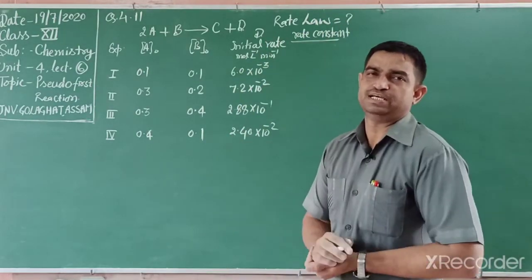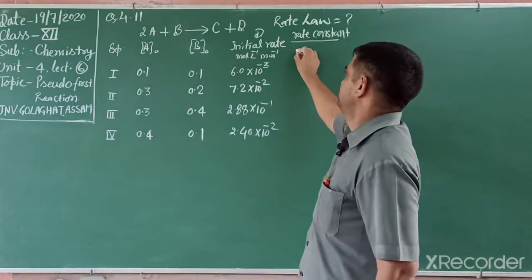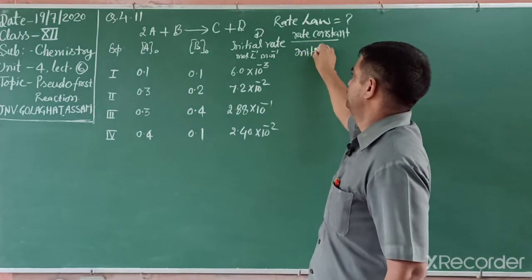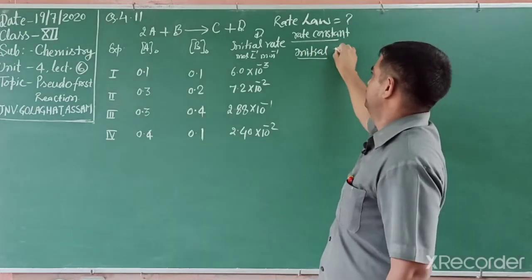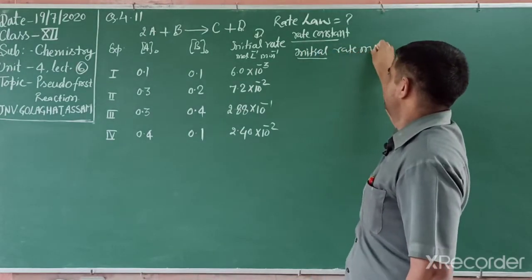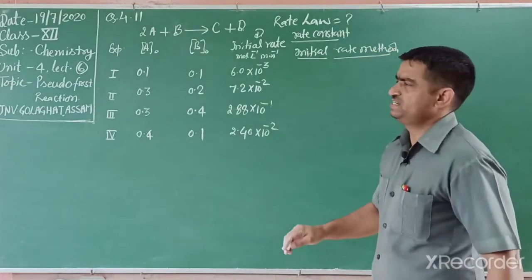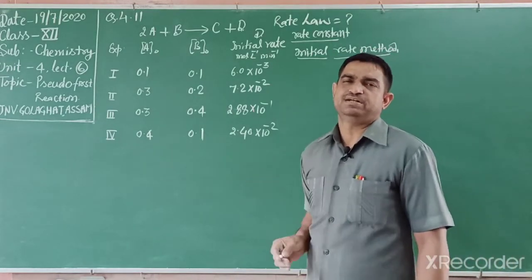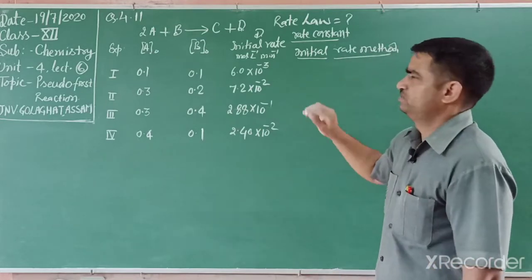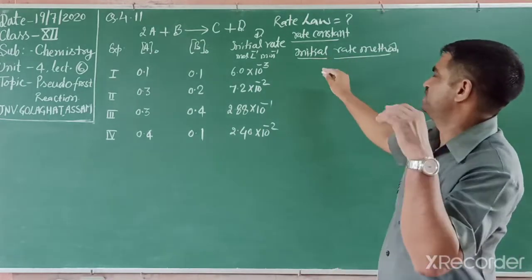That method is known as the initial rate method. In this method, how do we find it? At first we write a hypothetical rate law for this reaction. So students, we know how to write the rate law.